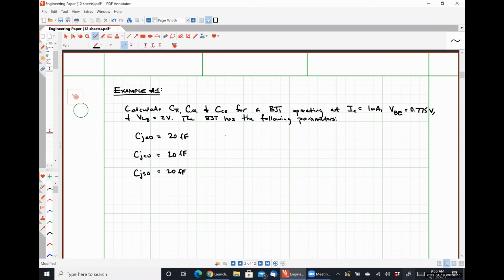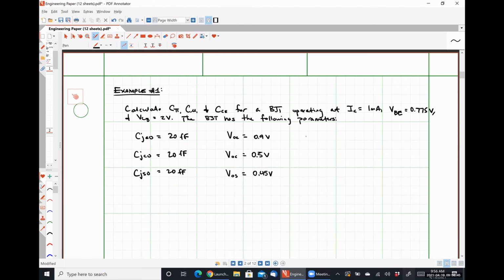For our built-in voltages, let's say that we have V naught E is 0.9 volts, V naught C is 0.5 volts, V naught S is 0.45 volts, I think. Yeah.